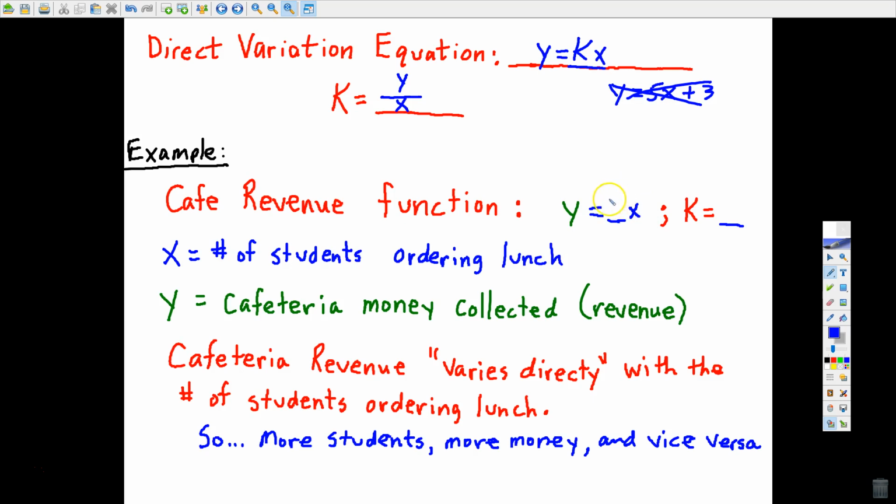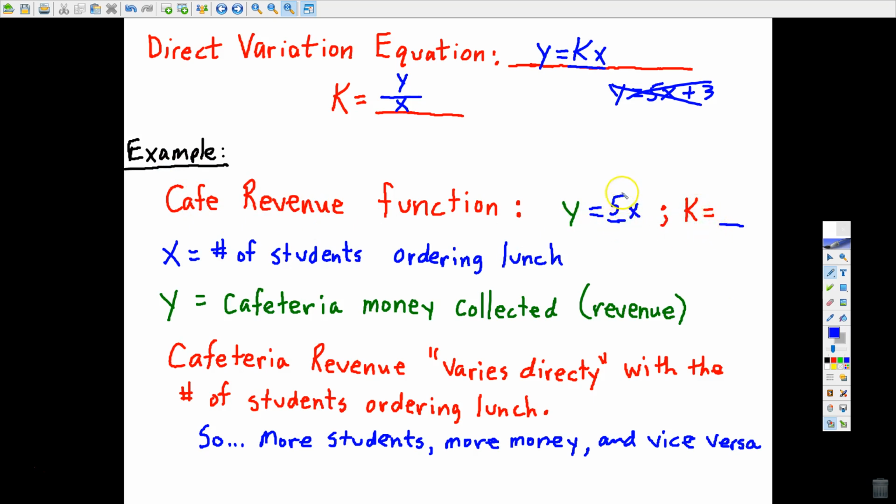And the constant is the price of the lunch, and so we know that's, I believe, still $5 per student. So this y equals 5 times x is a direct variation equation or function, and it relates to our lunchroom revenue for the cafeteria.